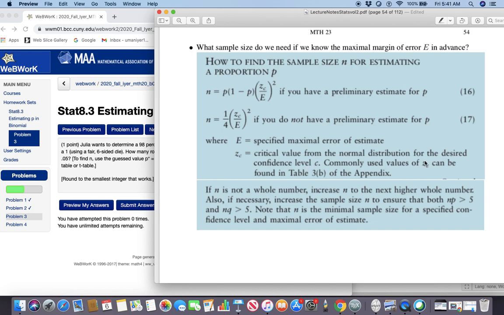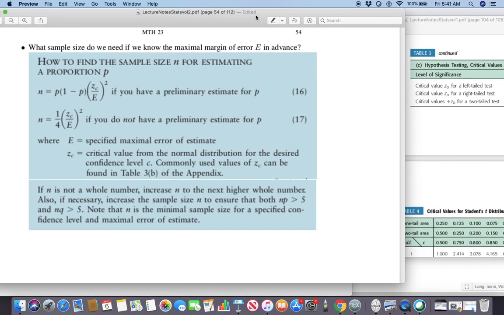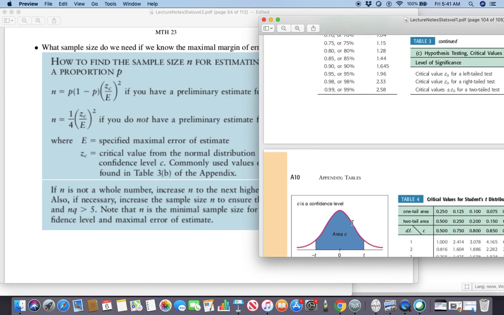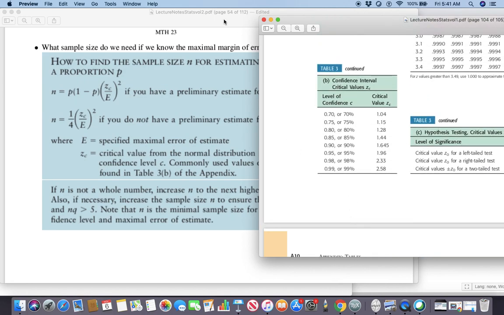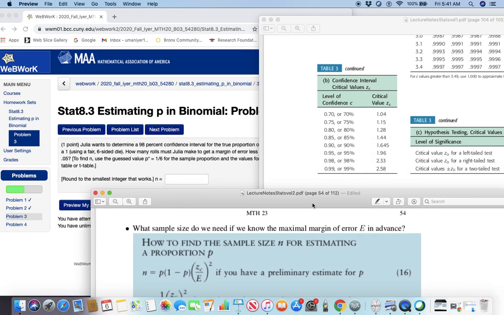Commonly valued, you use from your table here. There is my table. So the z value table is what I'm going to use.